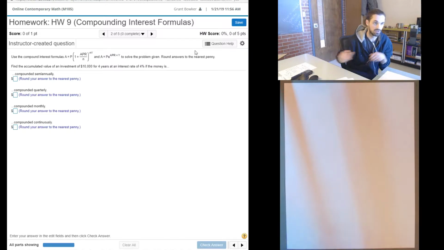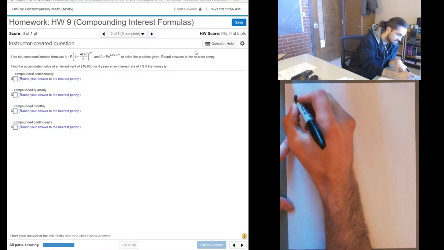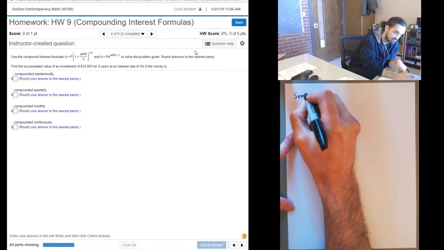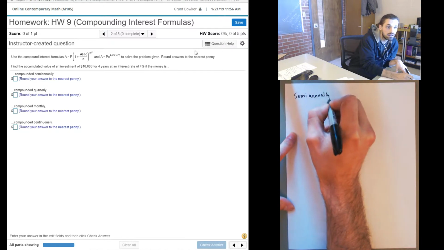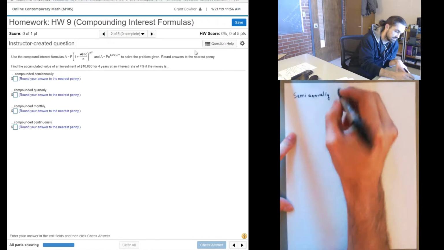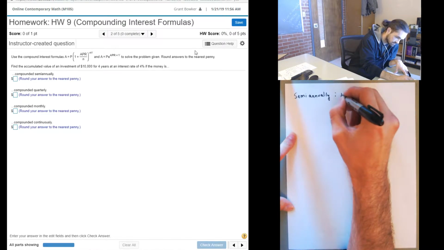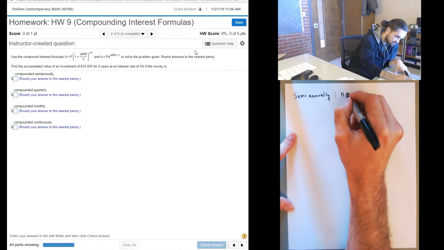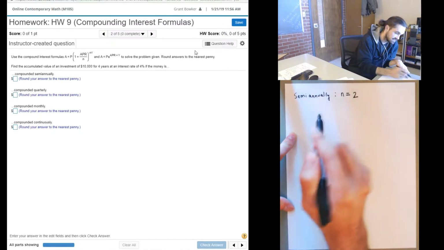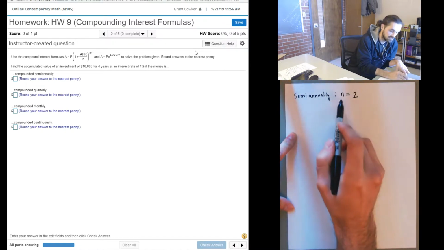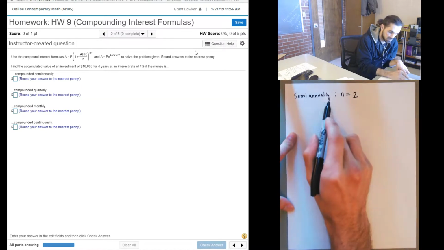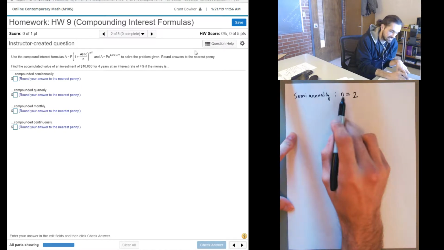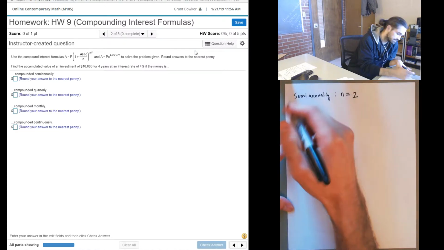So let's go ahead and work on compounded semi-annually. Semi-annually, 2 L's. So N equals 2 in this case. Semi-annually would be twice a year, so N is 2. All that's really telling you is N is equal to 2 for the equation.